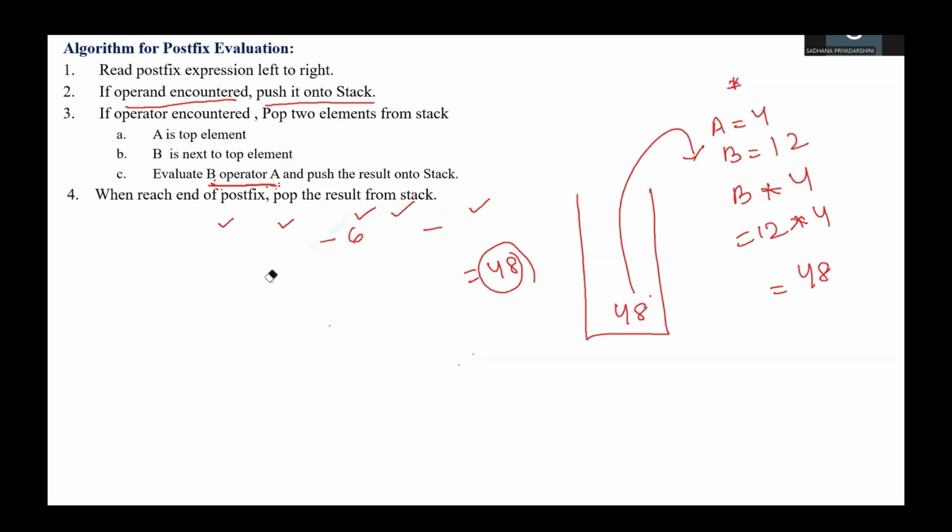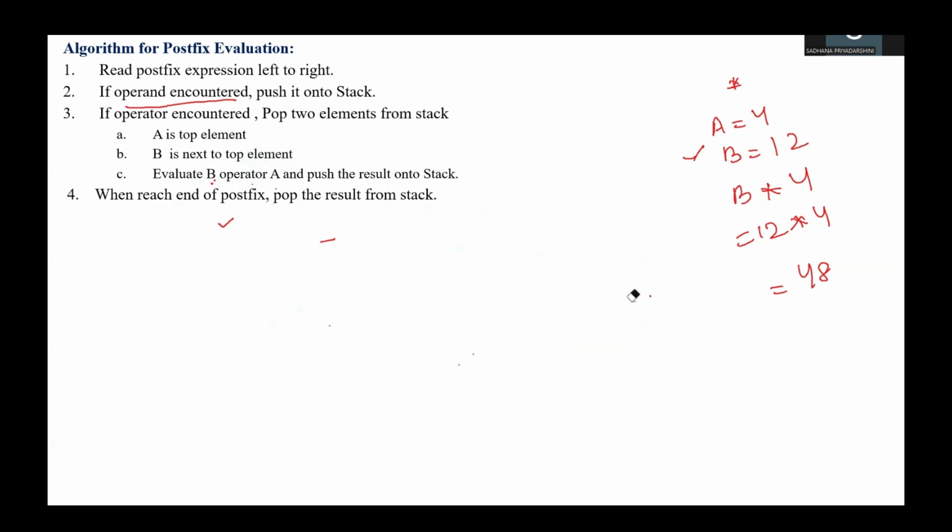And what is the need? The need is that the execution time is faster. That's why we perform infix to postfix, then postfix evaluation. For both operations, in total 2 stacks we require.